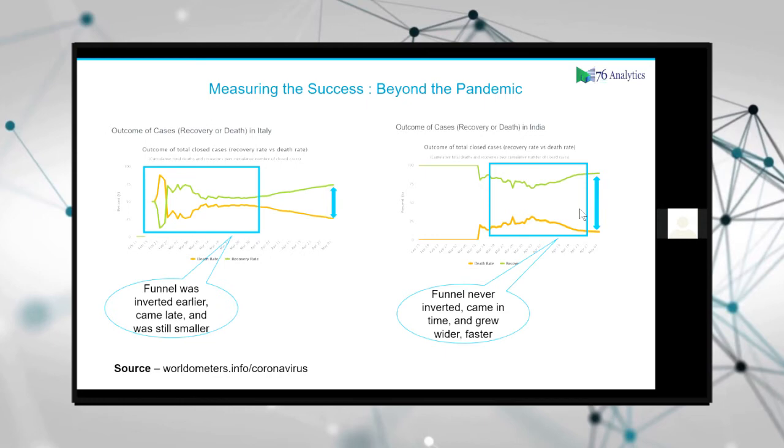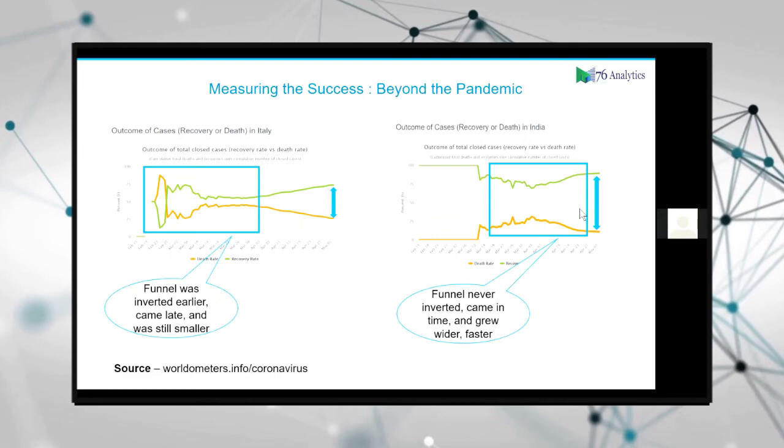So this is also an important metric, that if the funnel widens, because most governments today are also concerned about the complete shutdown of economic activity, then the governments can go for some amount of opening up.